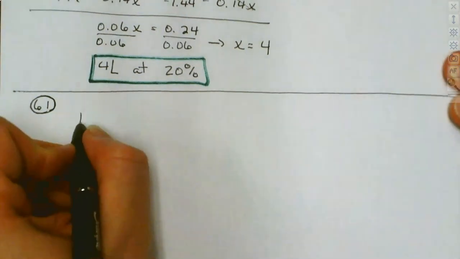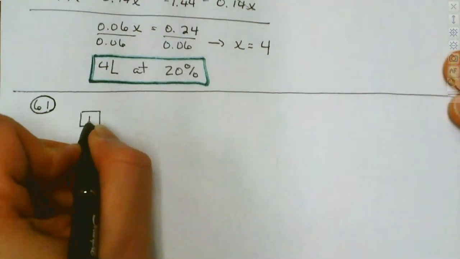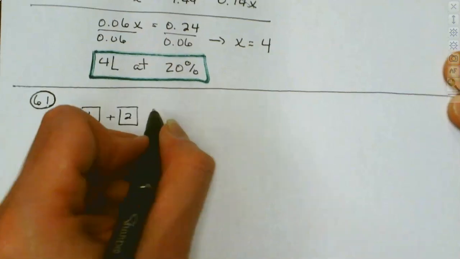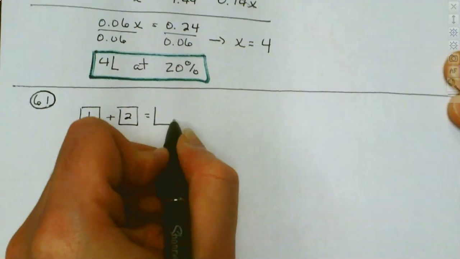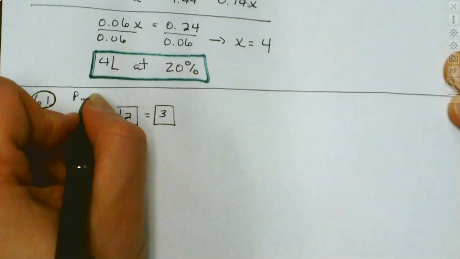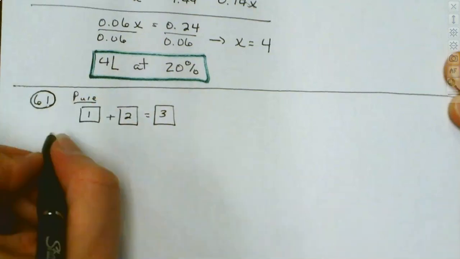And when it says how much, that means we don't know. So the amount of pure dye, and this is the pure here, we'll just label this up here. That's going to be our pure.